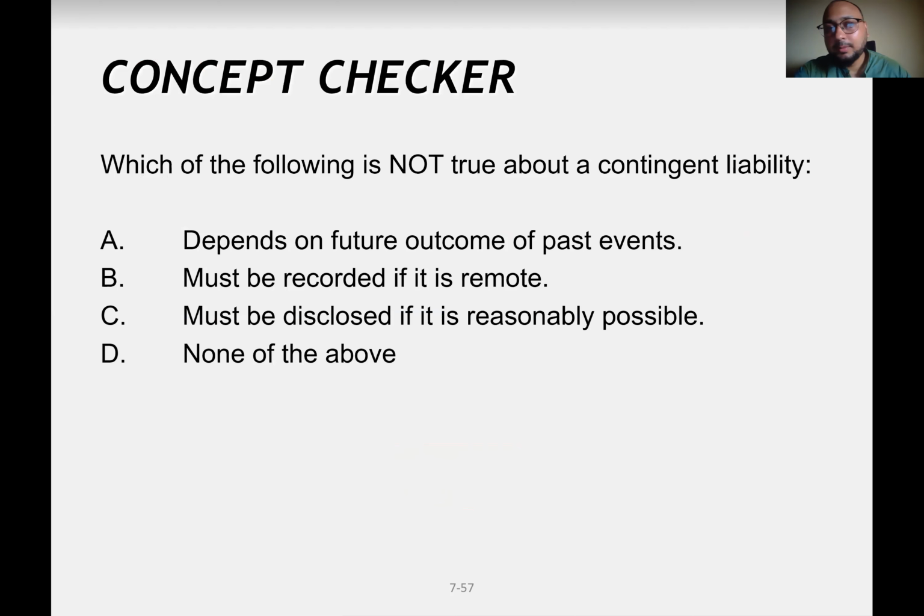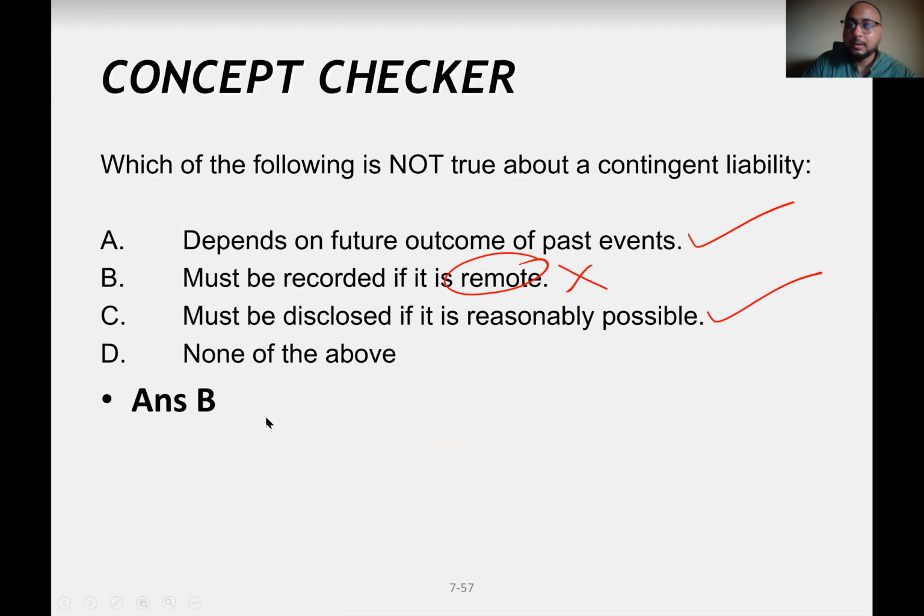A: depends on future outcome of past events. This is true. Yes. B: must be recorded if it is remote. If it's remote, it's not true. C: must be disclosed if reasonably possible. Yes. So the answer is B.